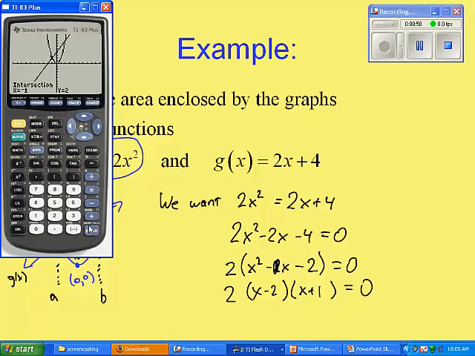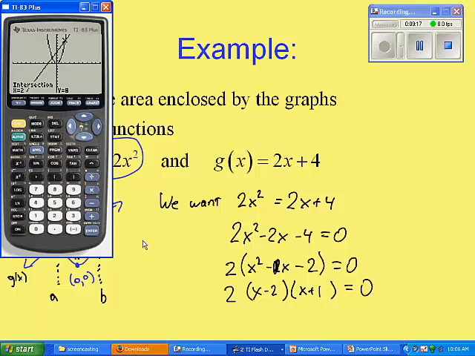So it says -1, 2. If I do it again, find the intersection, first curve, second curve, but if I make my guess way over here, it'll find that intersection. 2, 8.